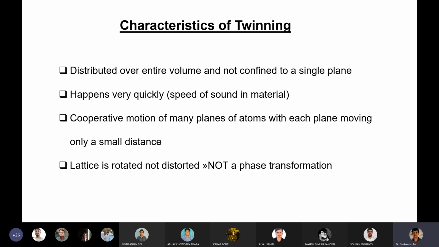In a metallic system, we identify physically distinct through crystal structure. So there is not going to be any change in phase due to twinning. There will not be any phase transformation at all. The lattice is just rotated, not distorted. Those things one should remember.